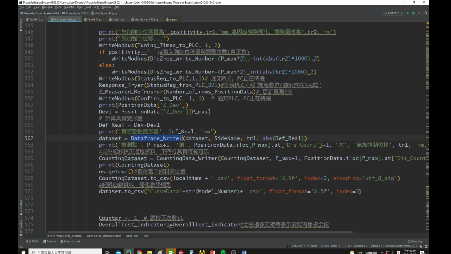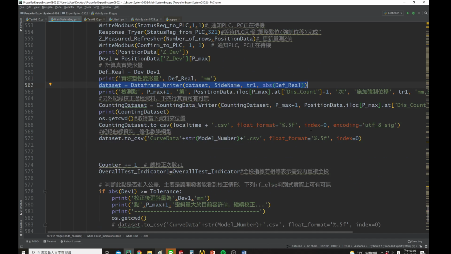You can see this function, data frame writer, writes the curve data frame, its site, TR1 and the real deformation value back into our curve data, and then we turn the whole database into a CSV file. So after this tuning, the curve CSV file will be updated.